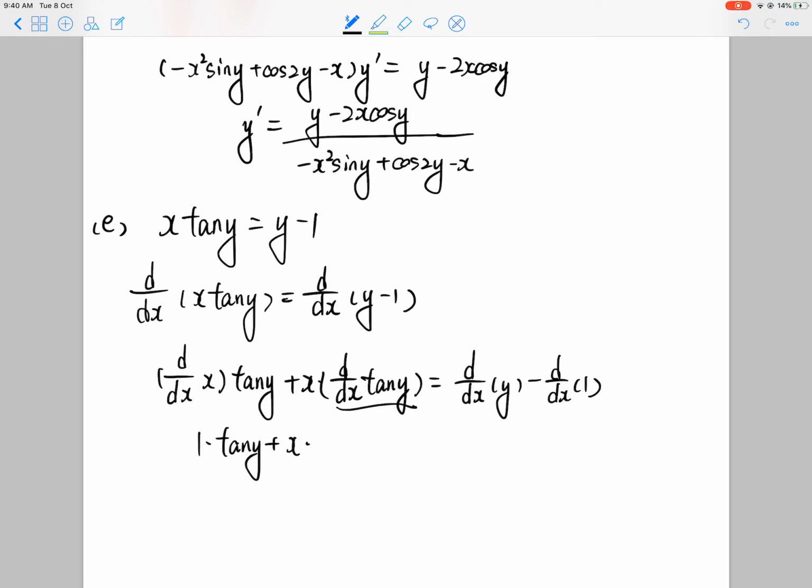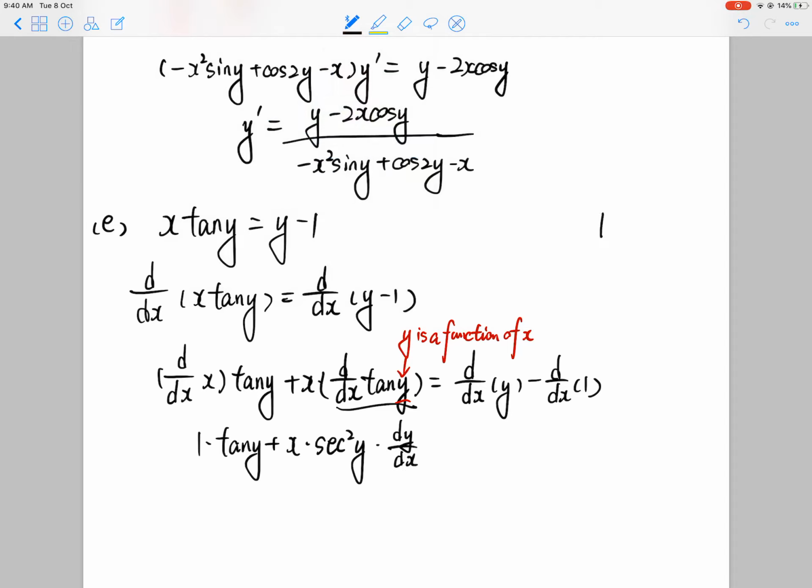So here we use the chain rule. First, for tangent of something, the derivative is secant squared. And y is a function of x. Remember, in part D, we discussed that y is a function of x, so you have to multiply by dy over dx.